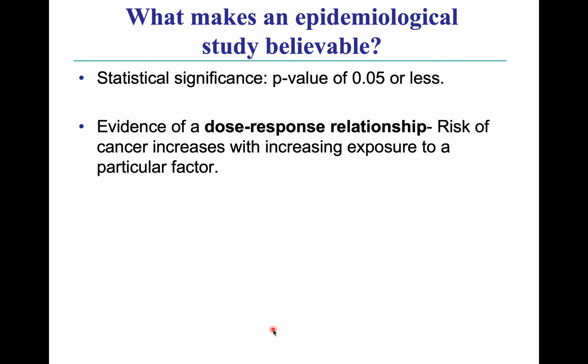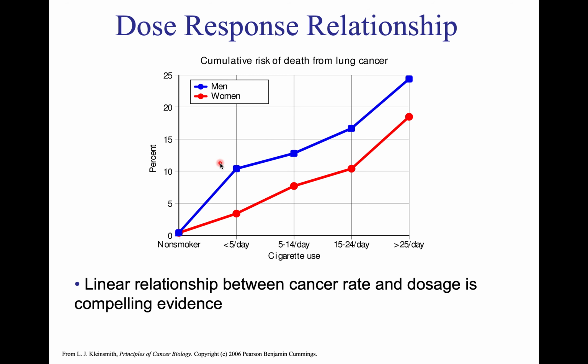You'd want that 95% confidence interval, saying that, yeah, this difference is due to some particular variable that we're looking at. And you would also want to see some evidence of a dose-response relationship, in particular if we're talking about factors that cause cancer. Does a higher dose increase your cancer risk? And we see this very clearly, for example, with cigarettes and lung cancer.